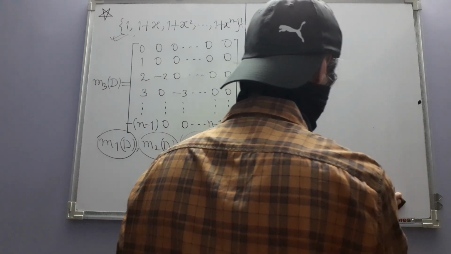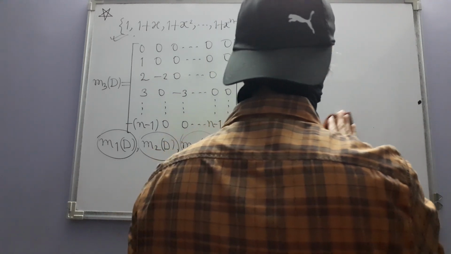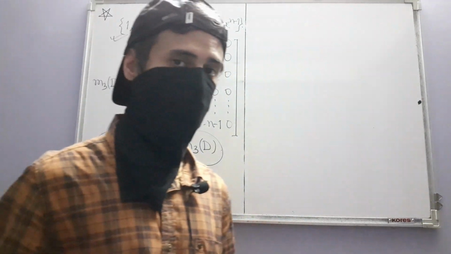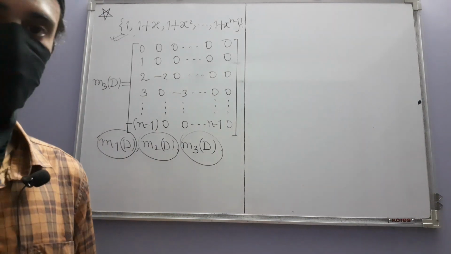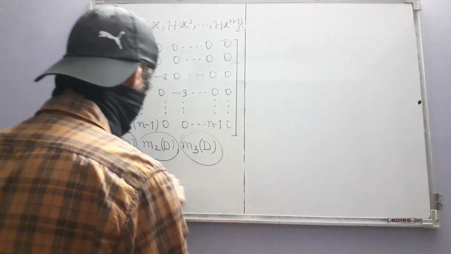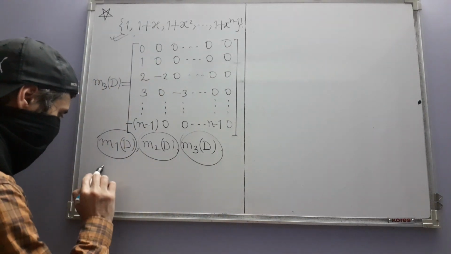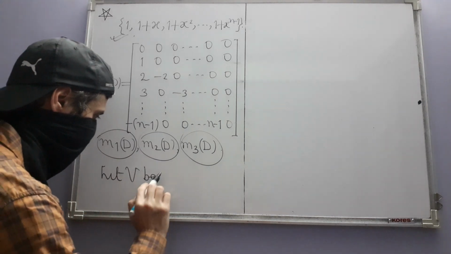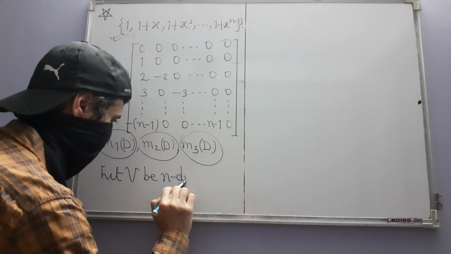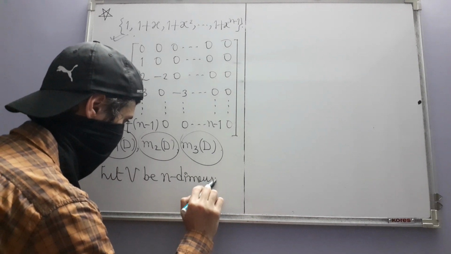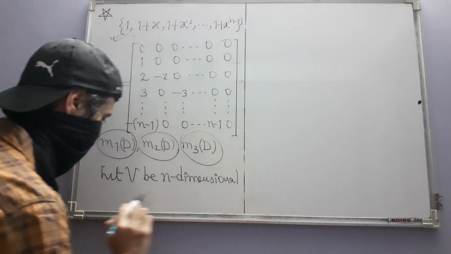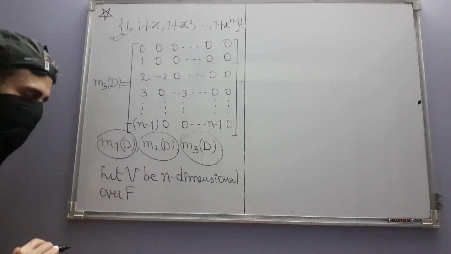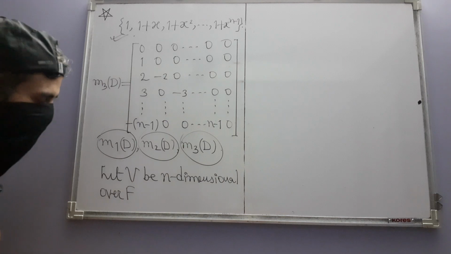And we have already considered a special case in which those n roots are all distinct. Let's consider that again. I can write here itself, let V be n-dimensional over F. Because we are discussing vector space, so no need to write that again.